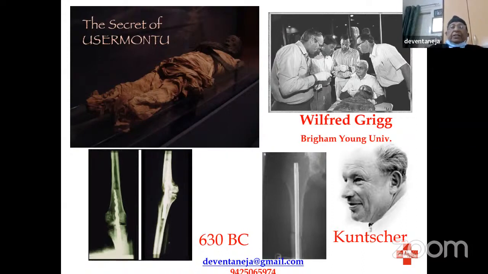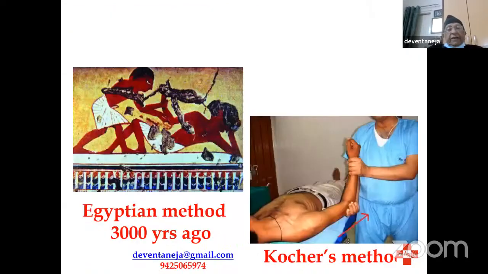Probably their king, or whoever it was, might have been suffering from a very painful knee joint, severe osteoarthritis, and they tried to restrict the movements of the joint so that the patient would be pain-free. This was 630 BC, and we have been giving the credit to Kuntscher, that he was the man who popularized intramedullary nailing, whereas this had already been done as early as 630 BC.